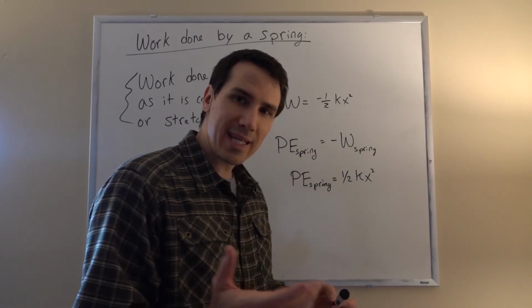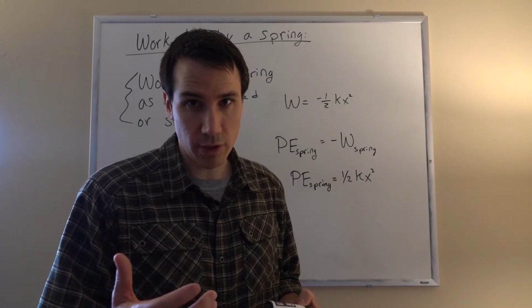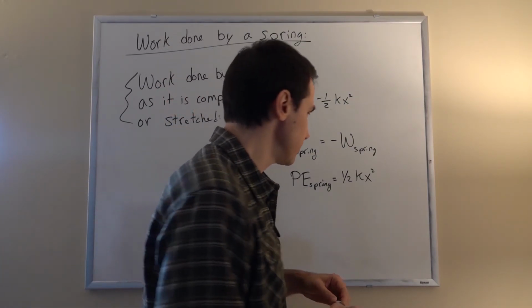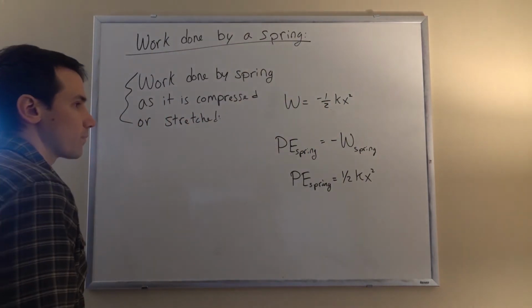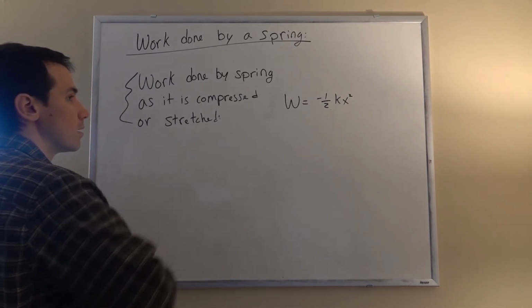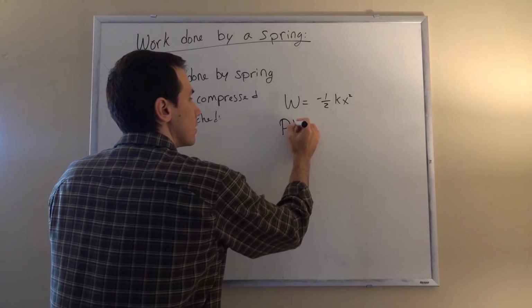Okay, let's see an example of how this works and what kind of problem we would be able to solve using this. So let's imagine, I'll write it up here.